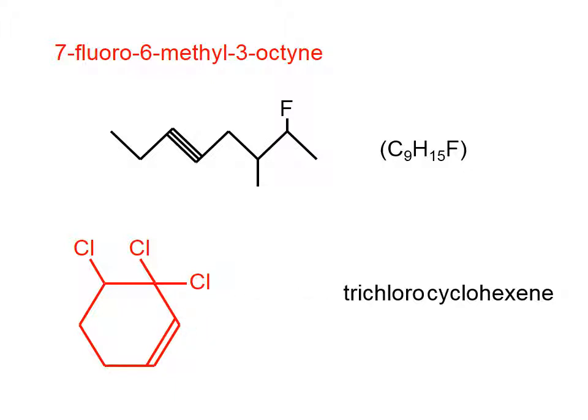We want these trichloros to have the lowest numbers that they can. Let's just guess and check. If we number the lower right carbon as carbon number 1, that would be 1, 2, 3, and 4. So the chloros would go 3, 3, 4.